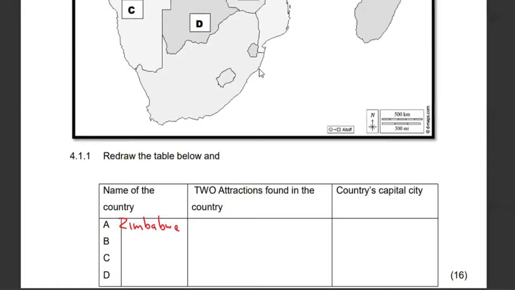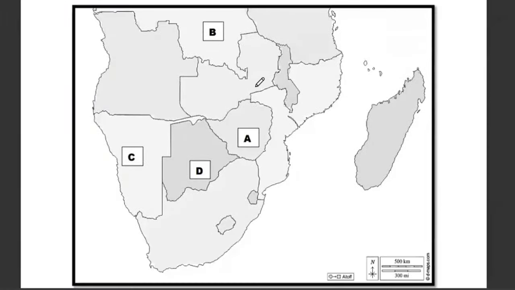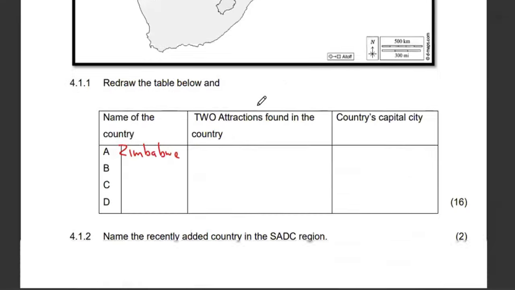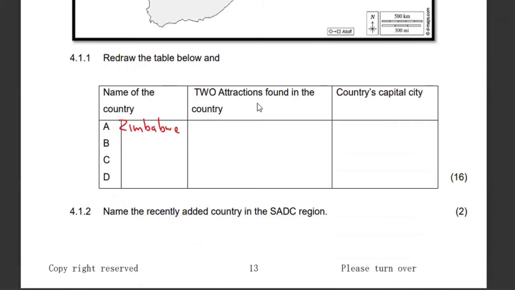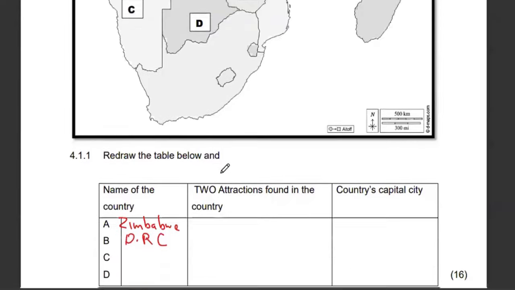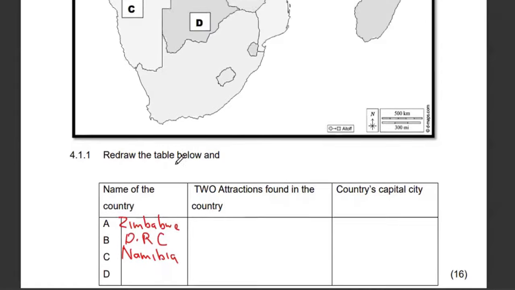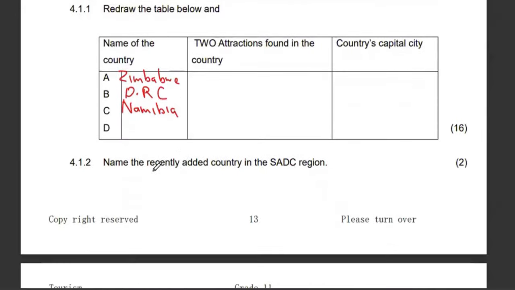Then B, sorry, B is actually the Democratic Republic of Congo. So B, that is DRC. Then C on the other side, that is Namibia. Then D, that is Botswana.